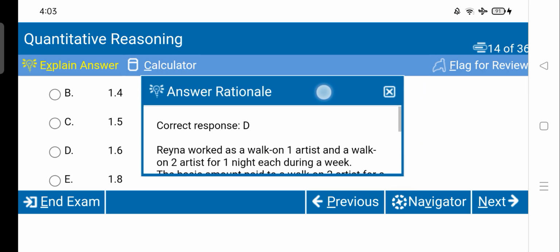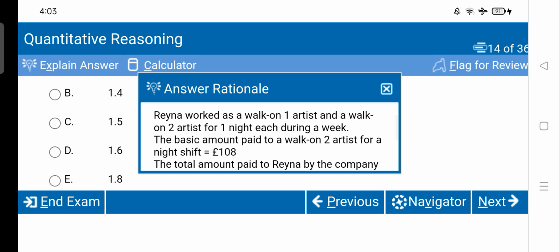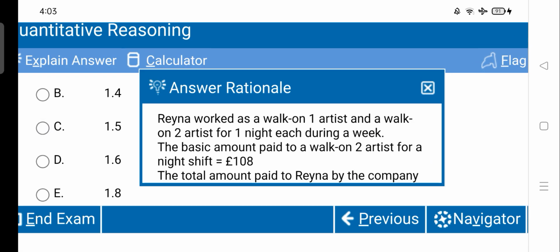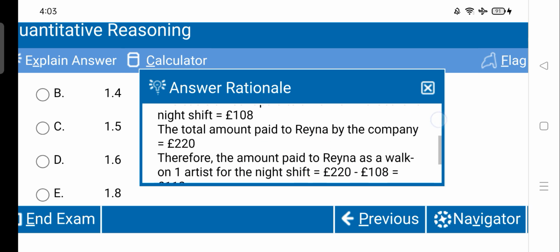So correct response is option D, as Reina worked as a walk on one artist and a walk on two artists for one night each during a week. The basic amount paid to a walk on two artists for a night shift equals 108 pounds. So the total amount paid to Reina by the company is 220 pounds.